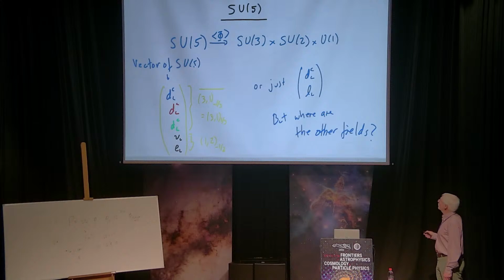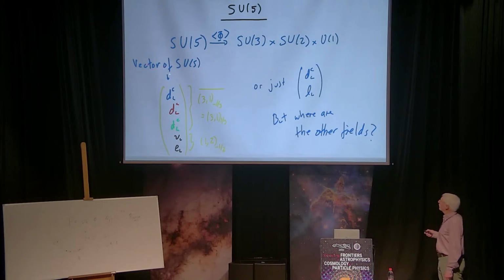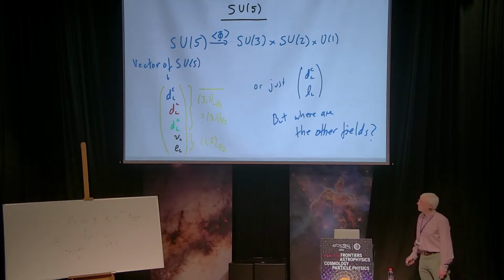But another question is, how do you actually put these fields together that I went through? Consider a vector of SU5, meaning the fundamental representation, a 5-component object. It turns out in a 5-component object, you can fit in a triplet of color and a doublet of SU2. The doublet of SU2 we can immediately recognize as the (1, 2, minus a half) leptons.